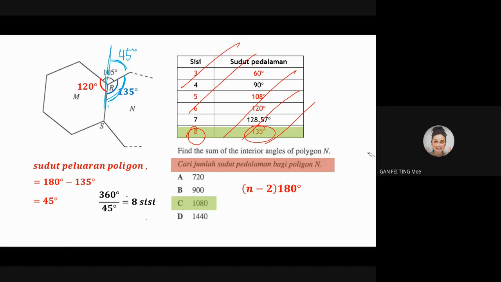Is that clear? Okay, now, if let's say you don't memorize the thing, never mind. Then you go for another option, which is the exterior angle. Remember just now I said the total interior angle of a polygon changes from 180 for a triangle to 360 for a square. And then keep on going. 360 plus 180, another triangle, 540.